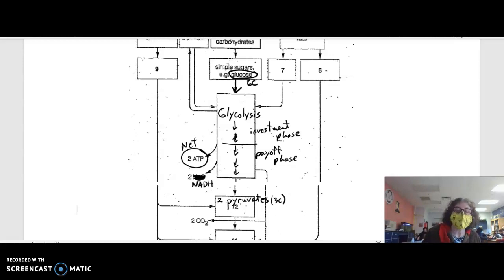You may remember the reason why you call it an investment phase up here is because you're using up 2 ATP here before you're getting 4 down here, right?